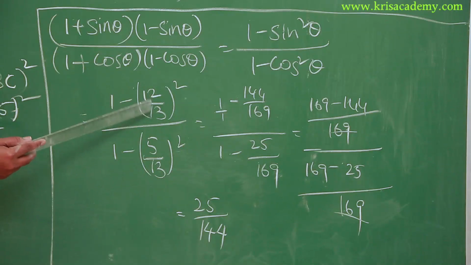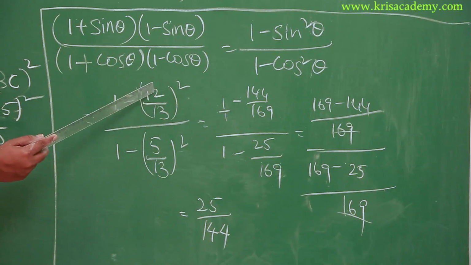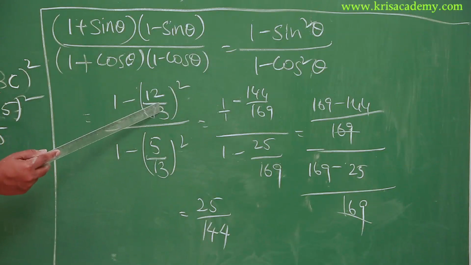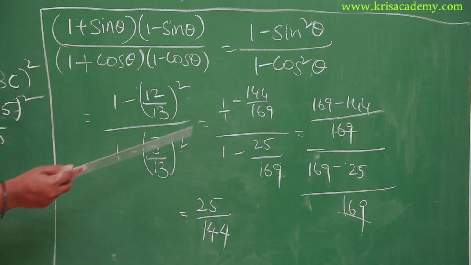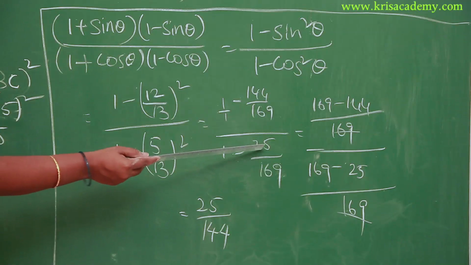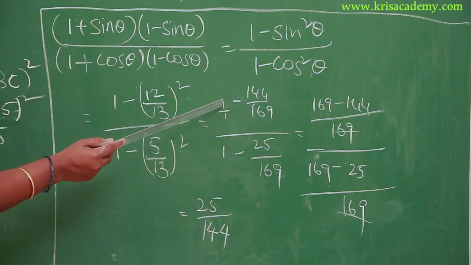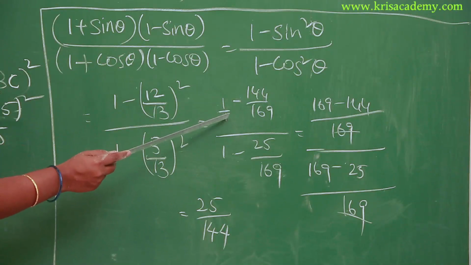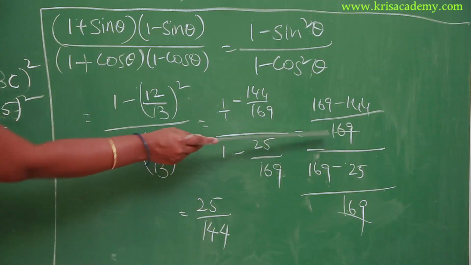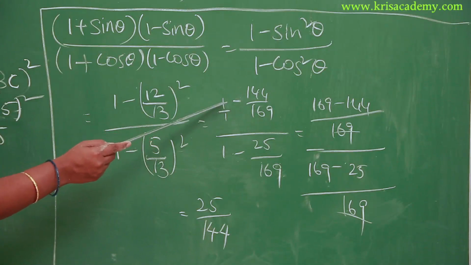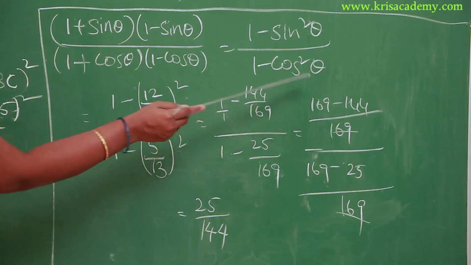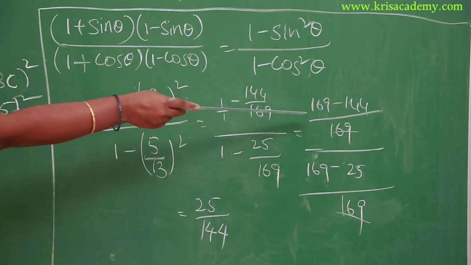So first do the squares. 1 minus, 12 12s are 144, 13 13s are 169. Same here also, 5 5s are 25, 13 13s are 169. So subtraction of two fractions. 1 into 169 is 169, then cross multiplication, 144 ones are 144.